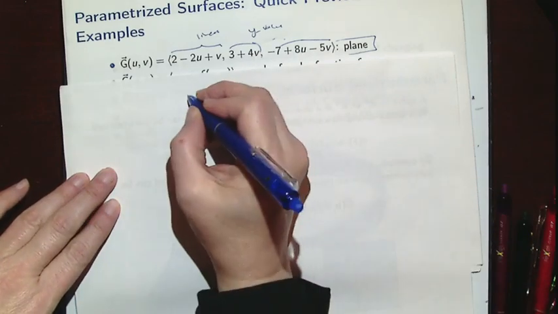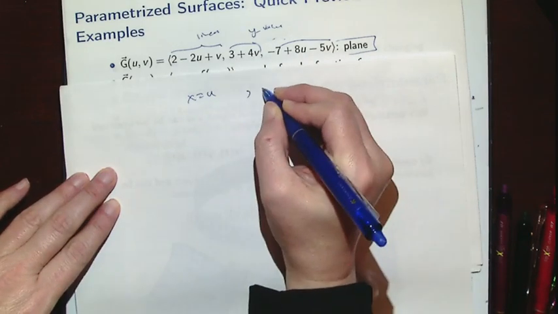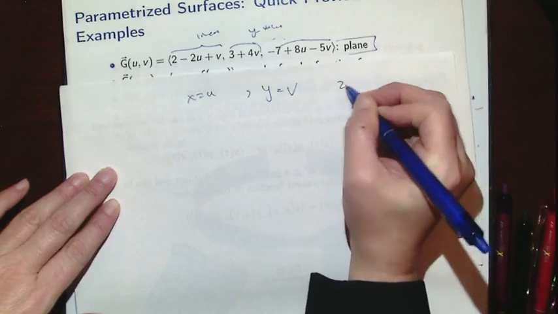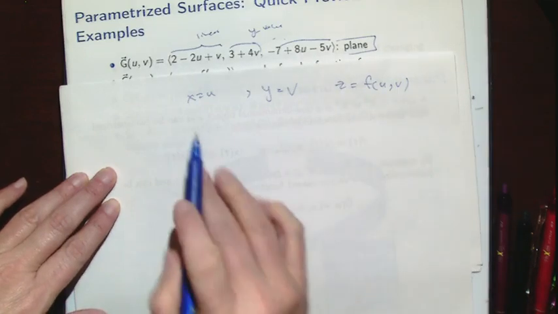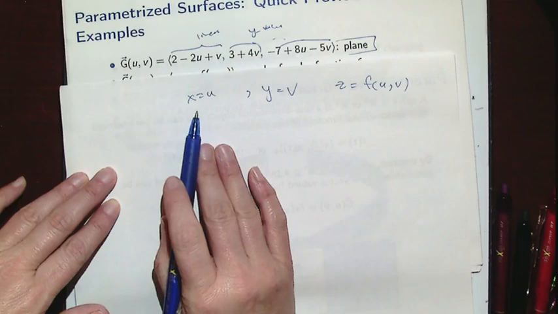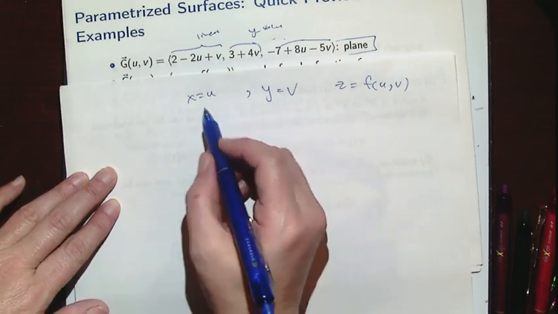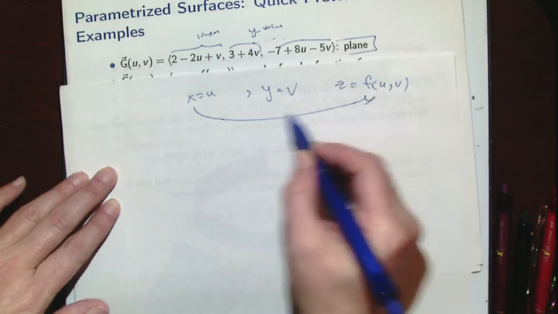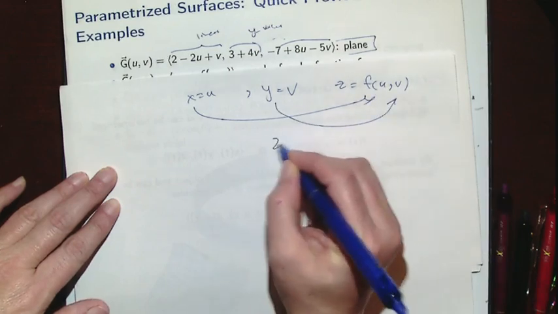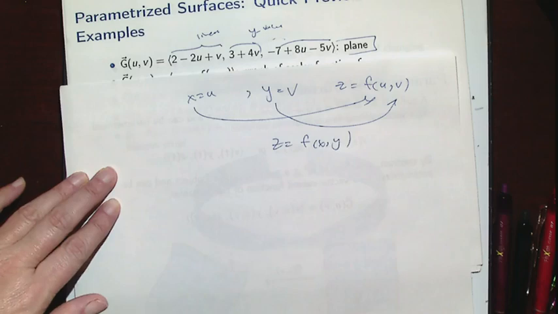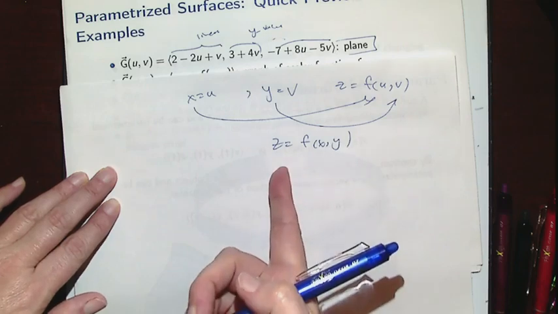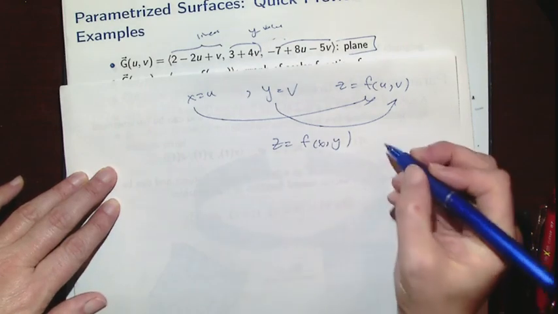So it says x is equal to u, y is equal to v, z equal to f of u and v, right? Let's eliminate u and v, see if we can get anything. How do I eliminate u and v? I get z equal to f of x and y, correct? So that's the surface, that's a graph of a function.